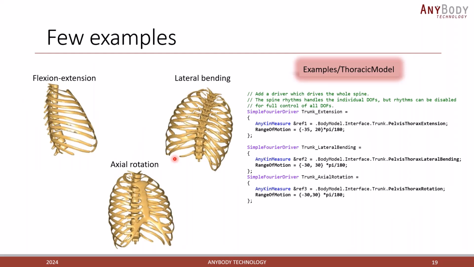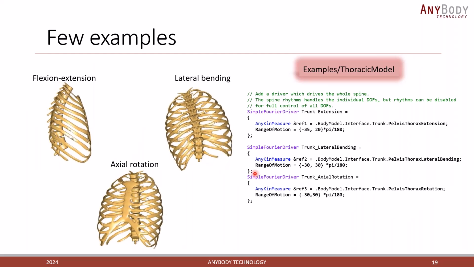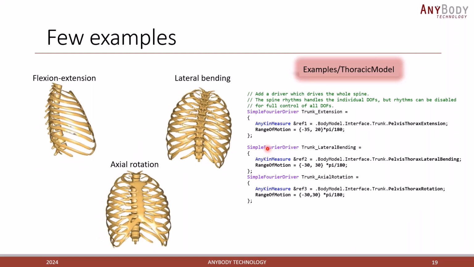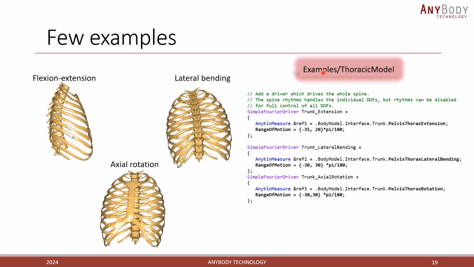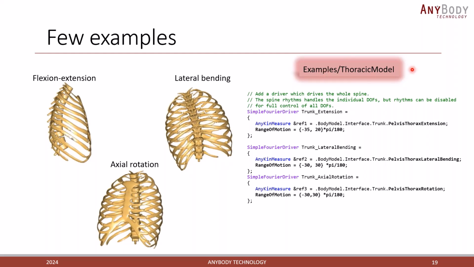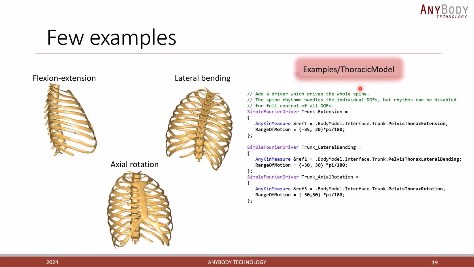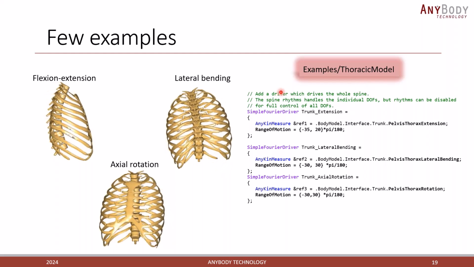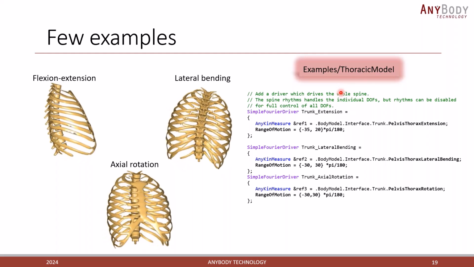So let's go to show some examples. If you want to start with the model, I think this is the best way. You go to the examples, and then there is a thoracic model. You can take that one, and then if you take this one, the rhythms are already enabled.